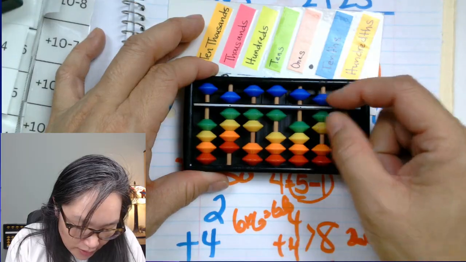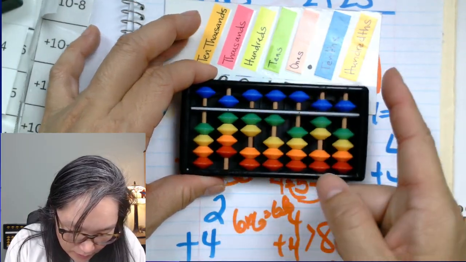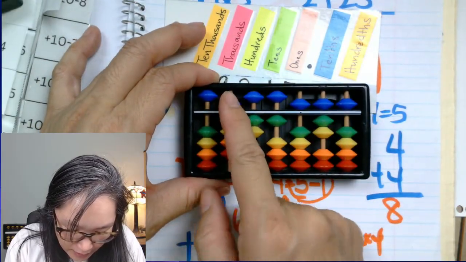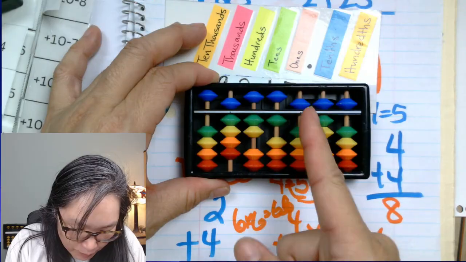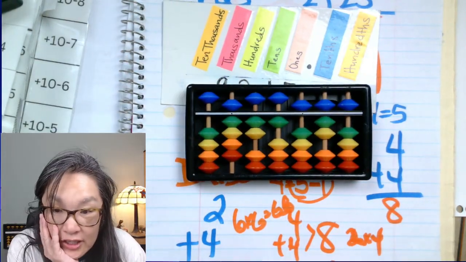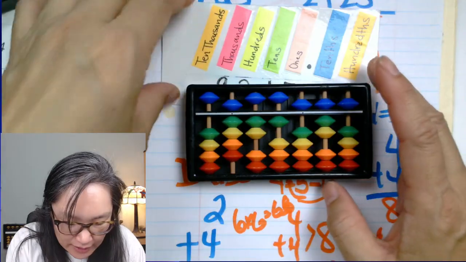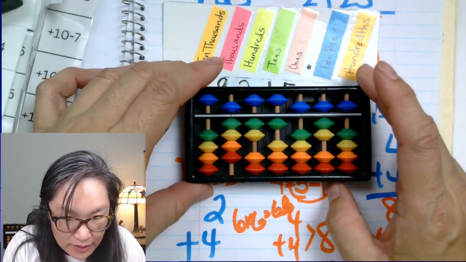So here I could do 75. 9,215.75. And that's it. That's how you read the abacus. Easy. Simple to use. Easy to understand. There's nothing to it.